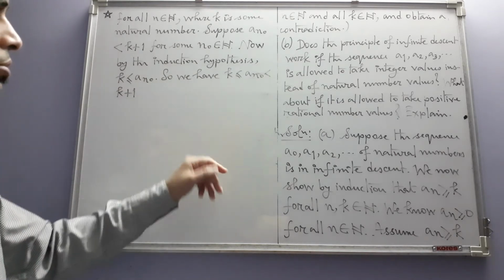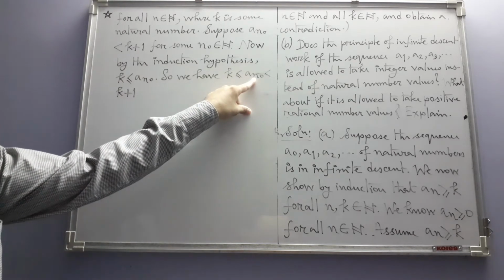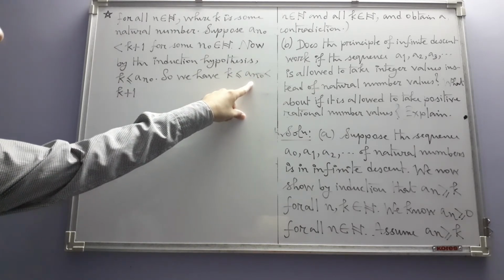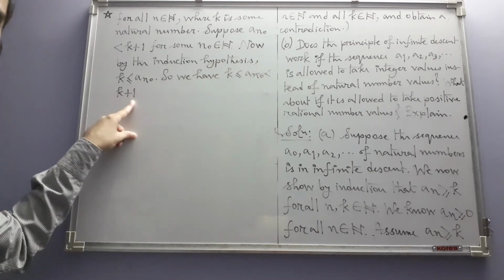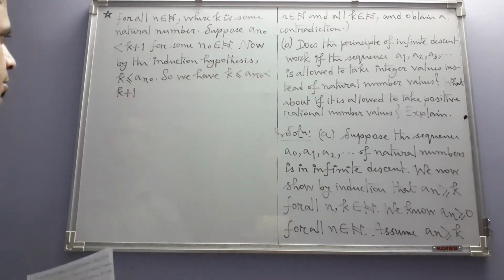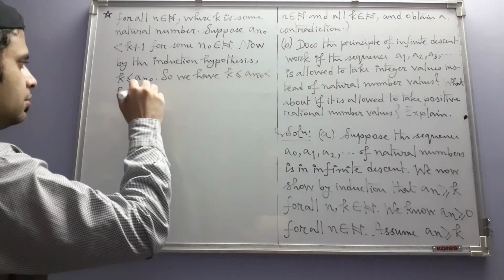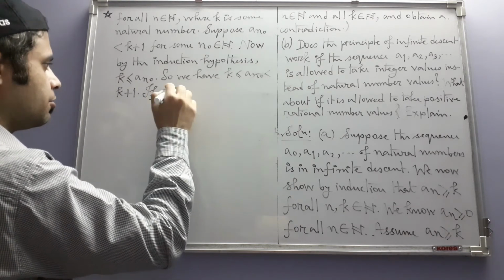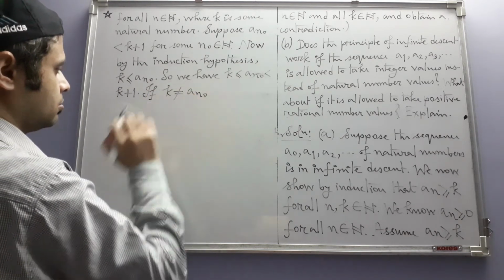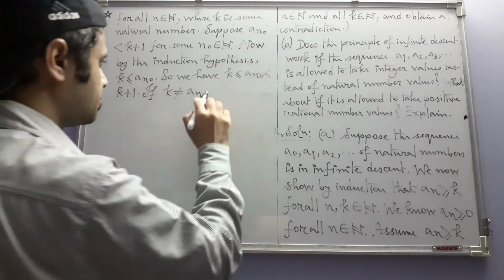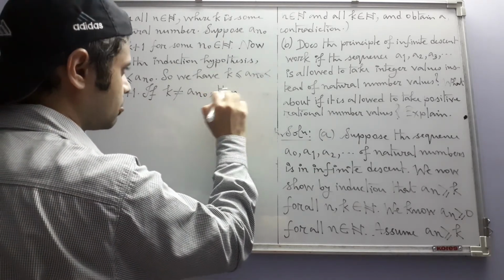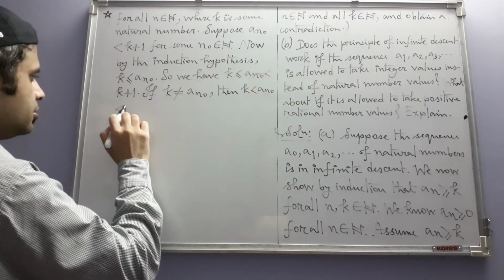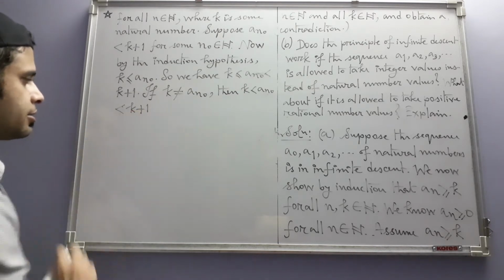Now you look at these inequalities. a_n0 is a natural number that is greater than or equal to k and less than k plus 1. If k is not equal to a_n0, say if that happens, then k is strictly less than a_n0, which is again strictly less than k plus 1.